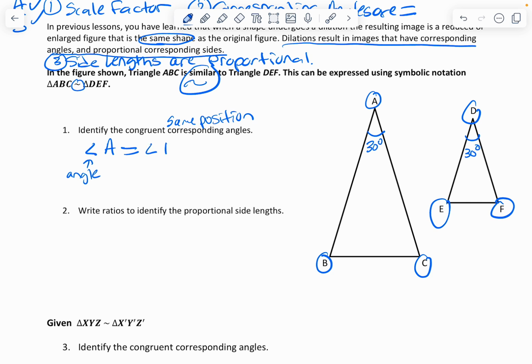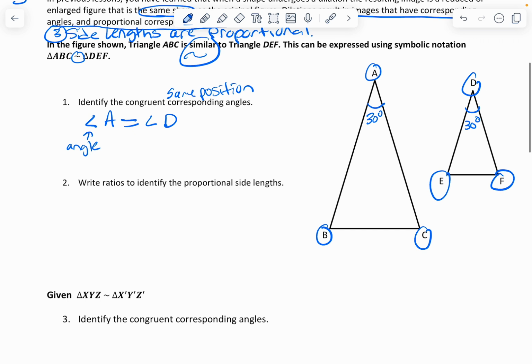So angle A is equal to angle D. Then I have to figure out what angle B is going to be equal to. We're going to pretend angle B is 75 degrees. That means angle E, in the same place, would also be 75 degrees. I just want you to see that these angles are congruent: same size, same measurement, just the angles. Obviously, the shape's different size.